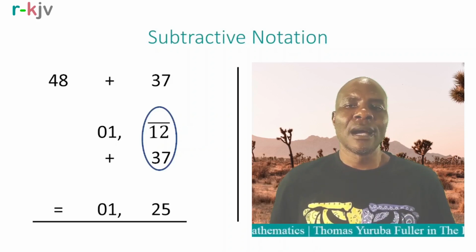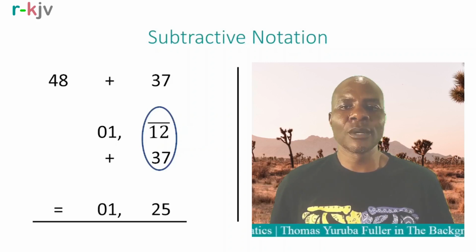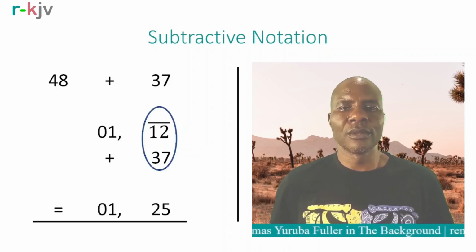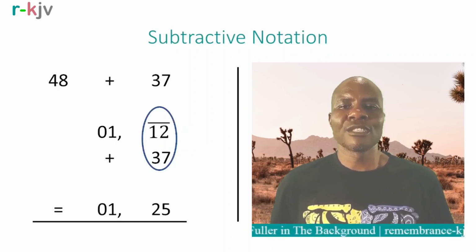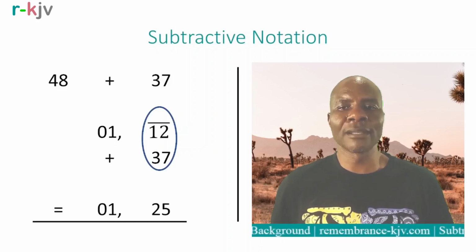It's how much is required to add to 48 in order to make 60, the base. That's 12. Where do we get that 12? From 37. So 37 is reduced by 12 to arrive at 25. And the solution of the calculation is 01, 25.